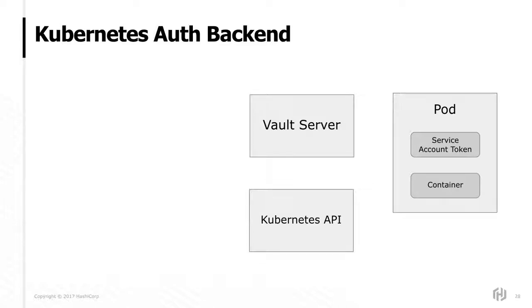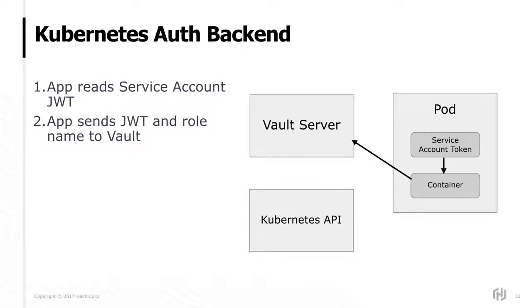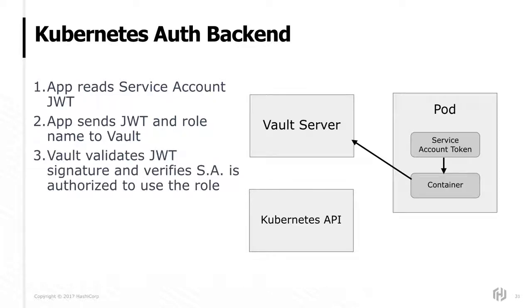The way it works is you tell Kubernetes that you want a particular service account mounted to your pod, and Kubernetes will automatically add this service account token into a tmpfs volume on your pod. Once the service account is there, your application can read the service account from local storage. It can send the JWT along with the role name up to Vault.